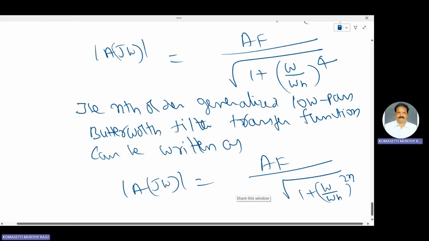For n is equal to 1, first order filter. For n is equal to 2, second order filter.